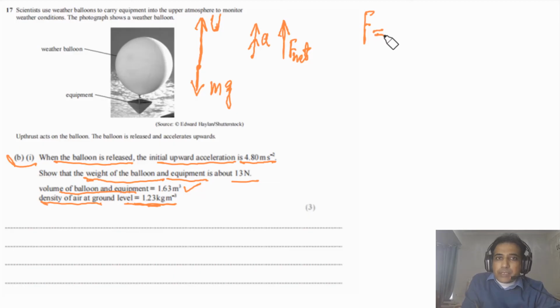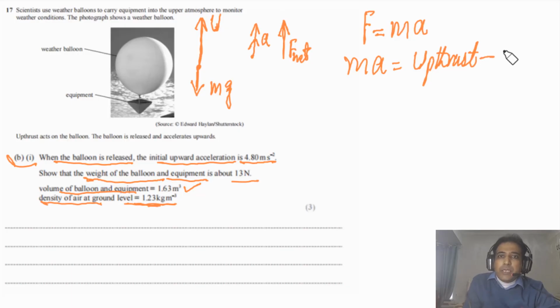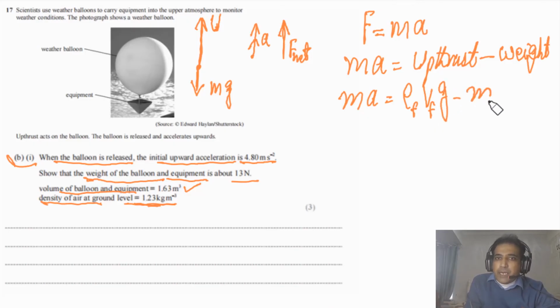Now simply we can use Newton's second law equation. F net is equal to ma. So ma has to be equal to the upthrust minus weight. This is the net force. So we can write ma equals density of the fluid times volume of fluid displaced times g, minus mg.